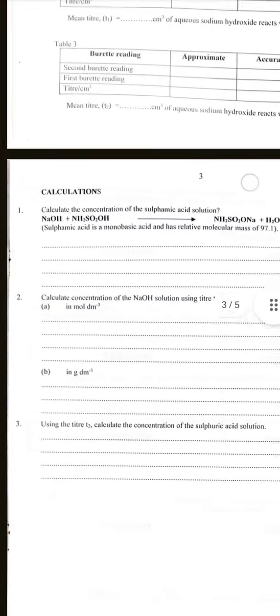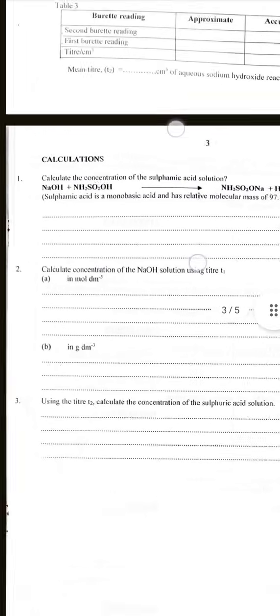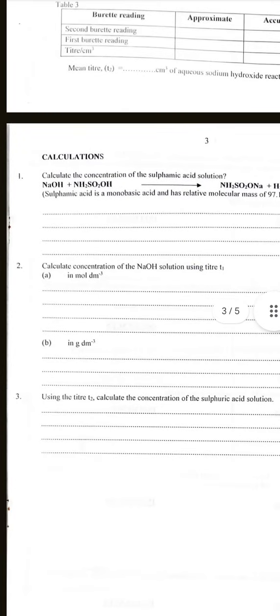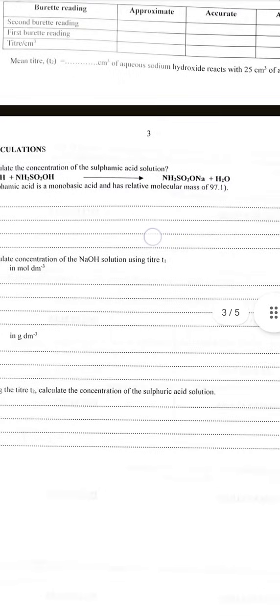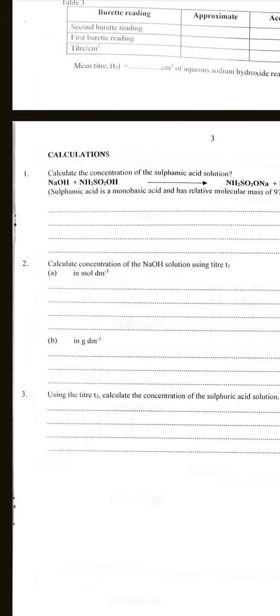Now for the calculations, the first question is to calculate the concentration of sulfamic acid solution. Sulfamic acid is a monobasic acid and the relative molecular mass has been given as 91.7. Since you prepared the standard solution of sulfamic acid, the concentration will be the moles over the volume in dm cube.